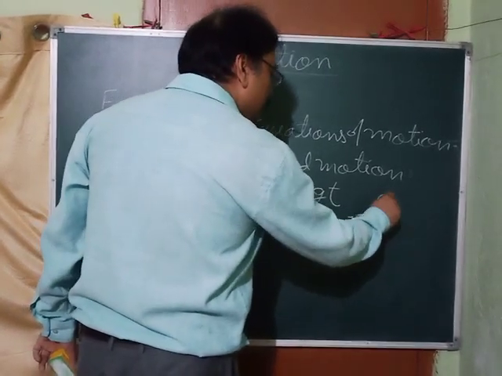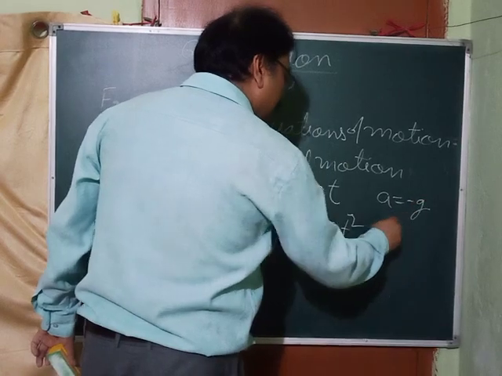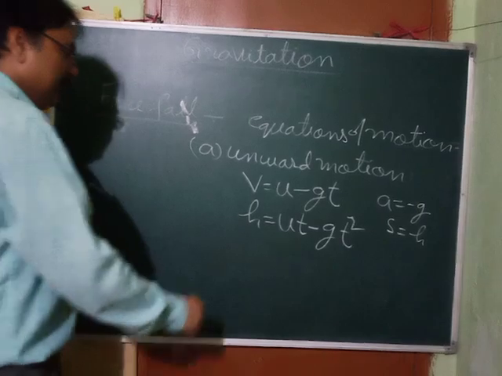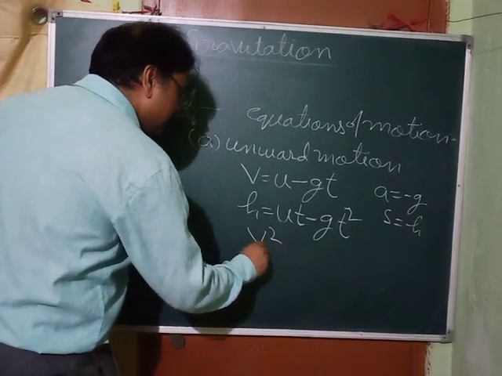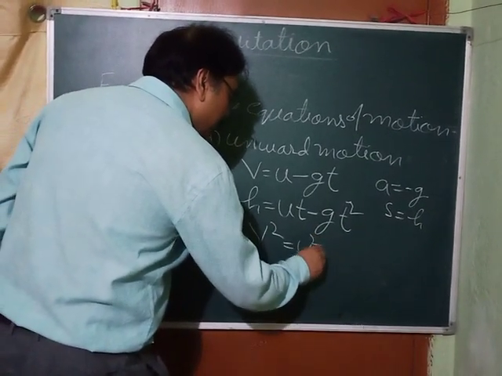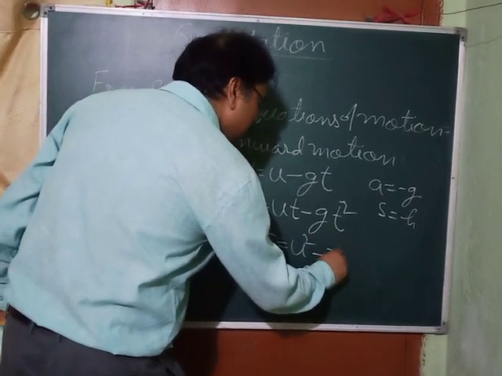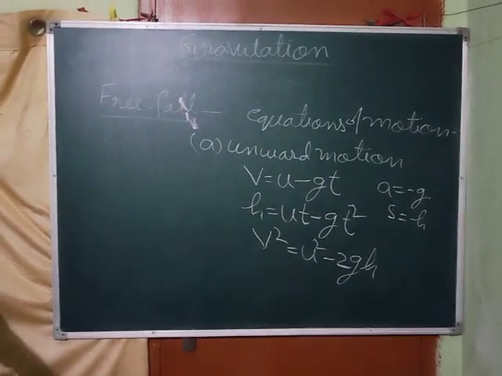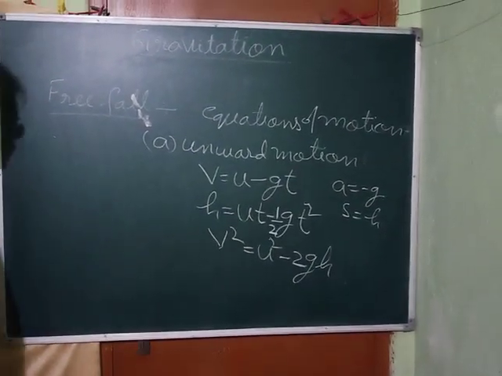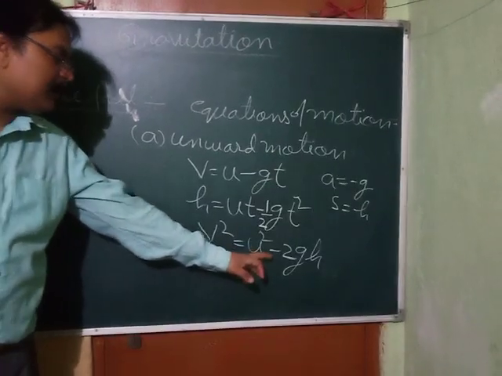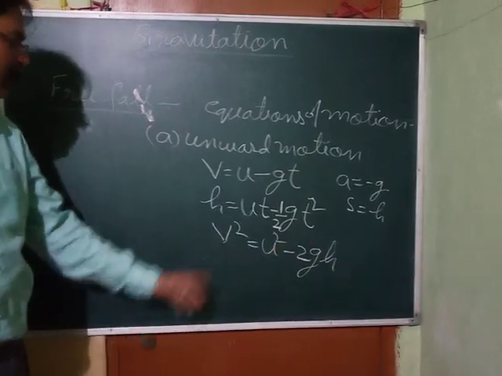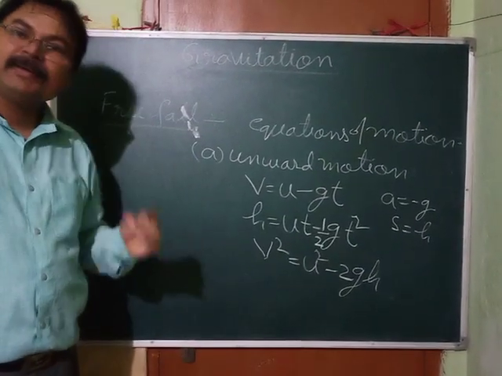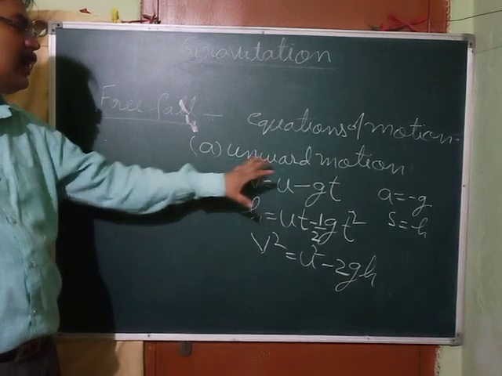Because for upward motion, we know a = -g and s = h. And the last one is v square = u square + 2as, which becomes v square = u square - 2gh. Those are the equations of motion. Clear? Here it is h = ut - half gt square. So these are the equations for upward motion.